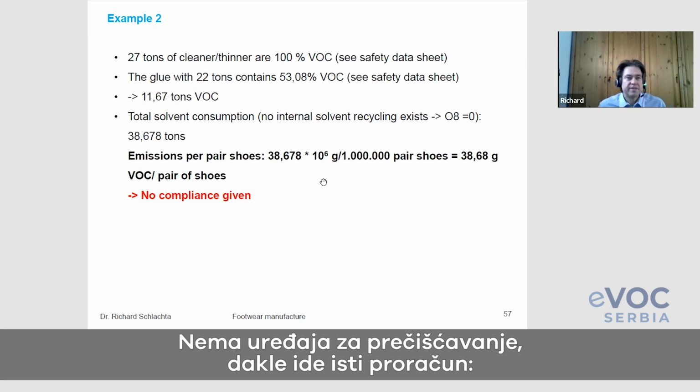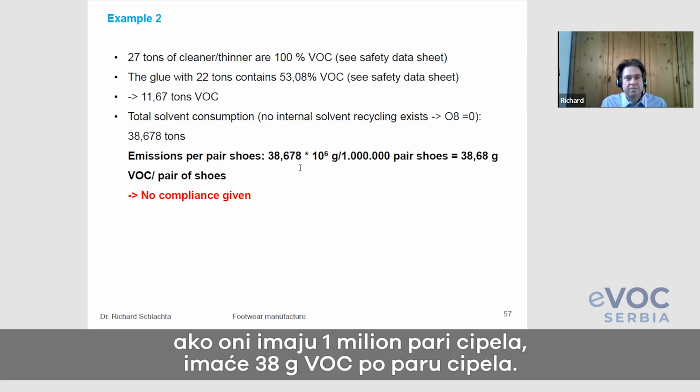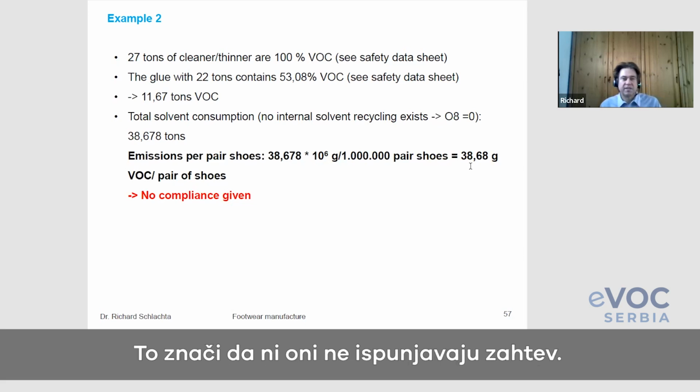So you can do the same. You can calculate the total VOC consumption. That is already the emissions. And if they have here 1 million pairs of shoes, they will have here 38 grams VOC per pair of shoes. What does it mean?